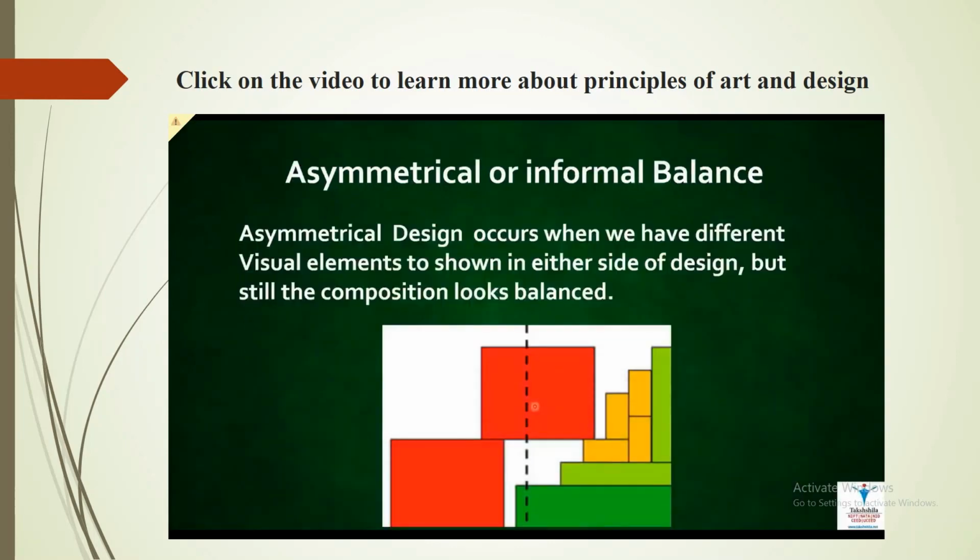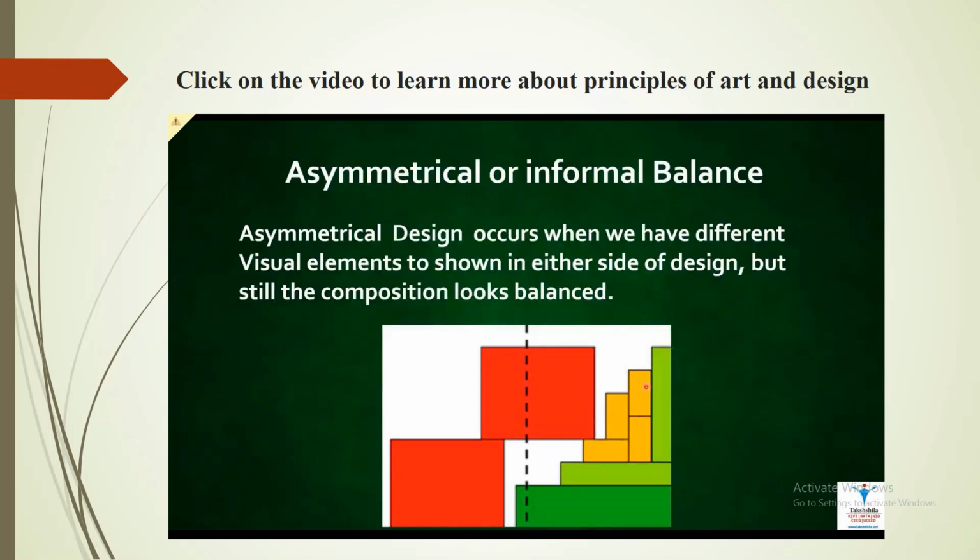What is asymmetrical or informal balance? Asymmetrical balance occurs when there are different elements shown in a composition on either side, but still the composition looks balanced. In this figure, we can see that this big red square is balancing the smaller rectangles here.